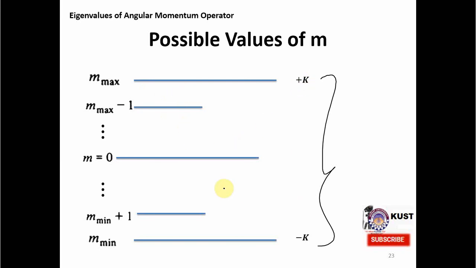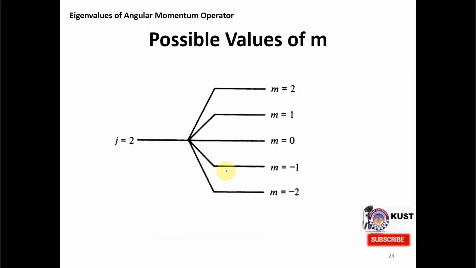In this schematic diagram, you can see that the ladder operator works between m maximum and m minimum. When m equal to 0 is included, j is an integer, otherwise it is a half integer.